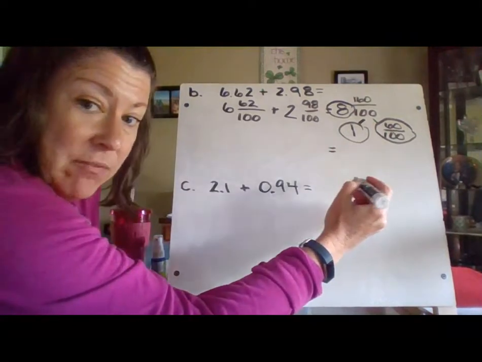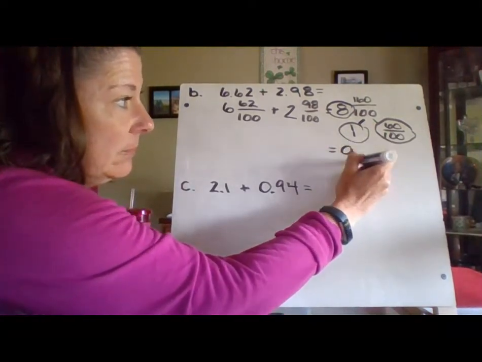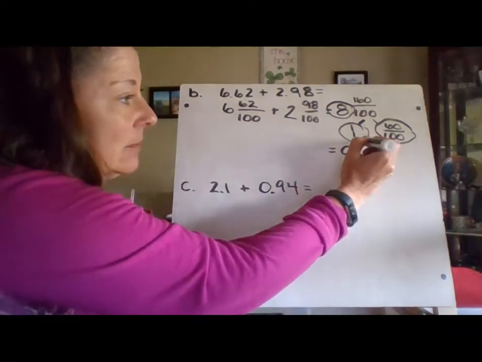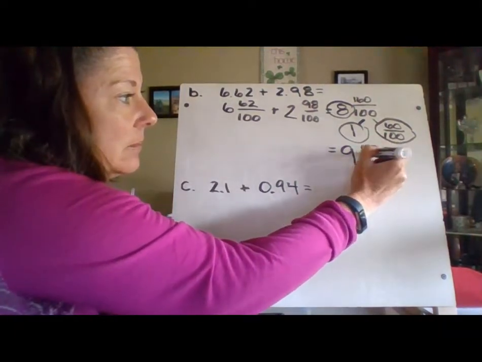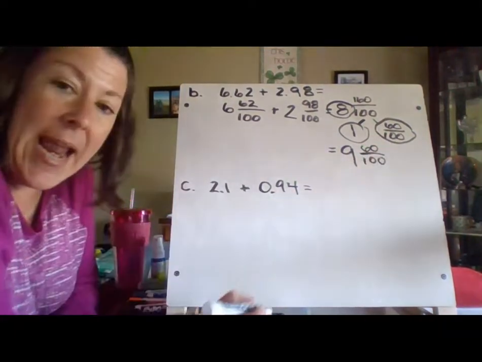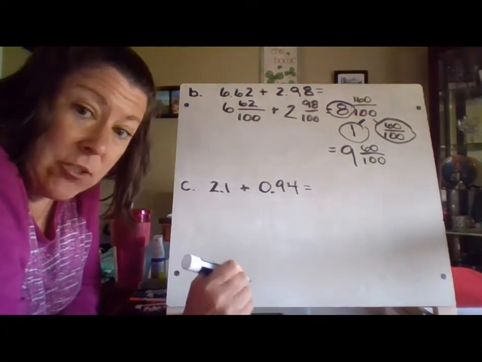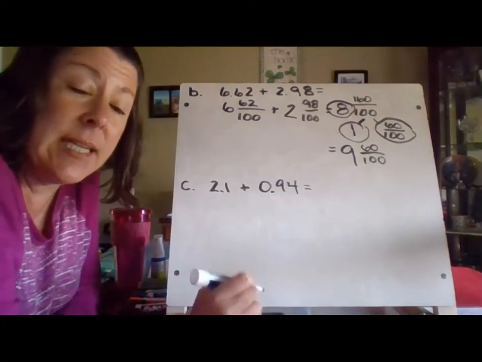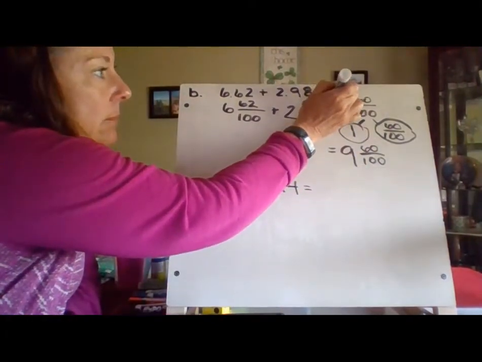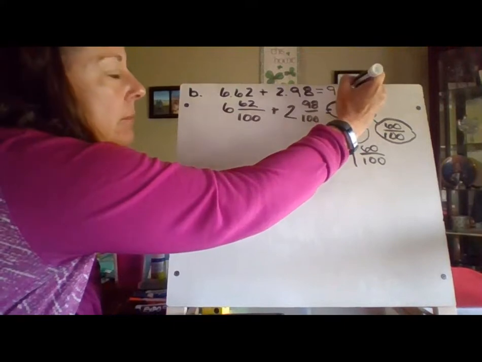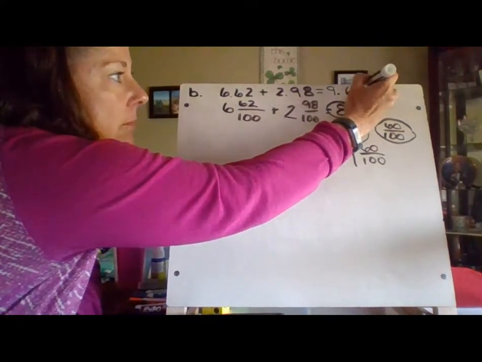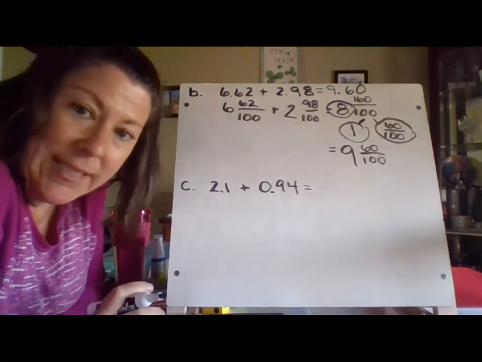So that gives me a final answer of 9 and 60 hundredths. I'm going to go back and write my answer as a decimal, 9 and 60 hundredths is 9.60.